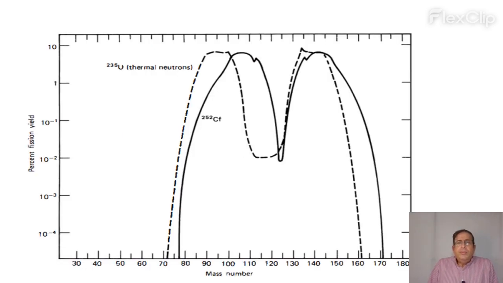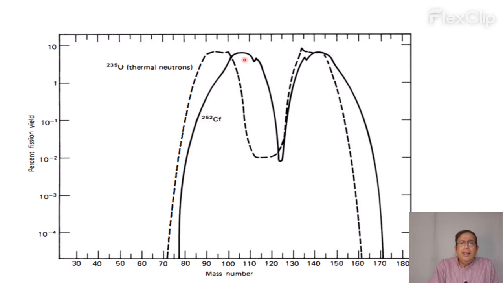Here in this figure, it is shown that for Cf-252, different types of fragments are shown. So basically, you can see the relative probability of fragments of different mass numbers for this Cf-252 spontaneous fission.